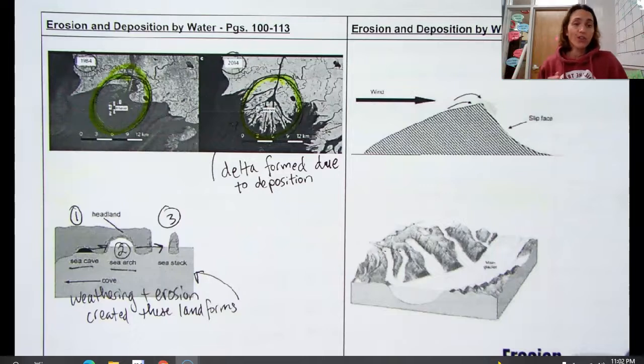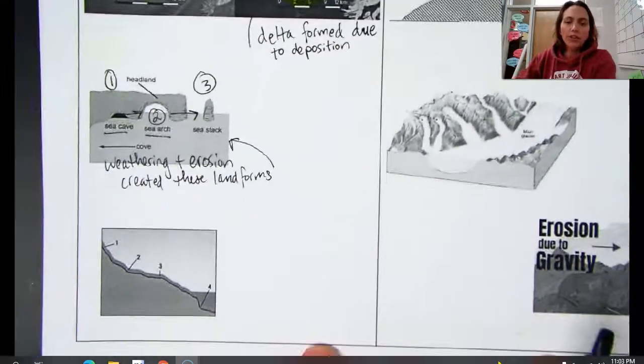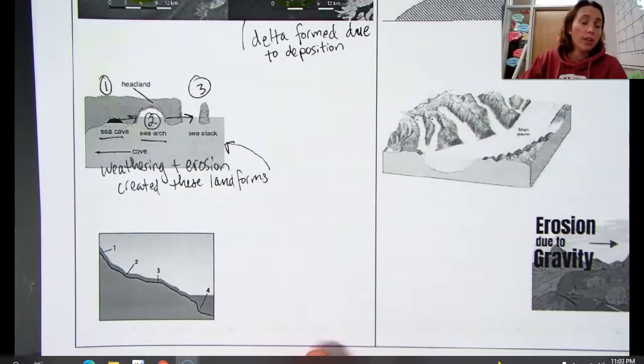The sea arch gets worn down, and the material is transported and taken away by the waves and the wind, and eventually turns into a sea stack. So this is just showing an interesting example of how water can create some unique features on our planet. Sea cave, sea arch, sea stack. So that is the sequence of those land formations. Kind of fun. Alrighty. There are other things that you can add in the blank space, if you want.